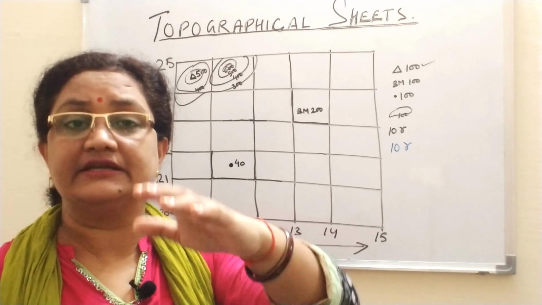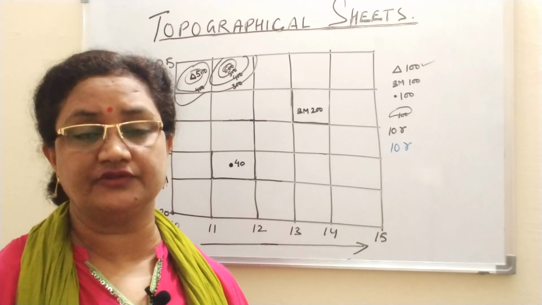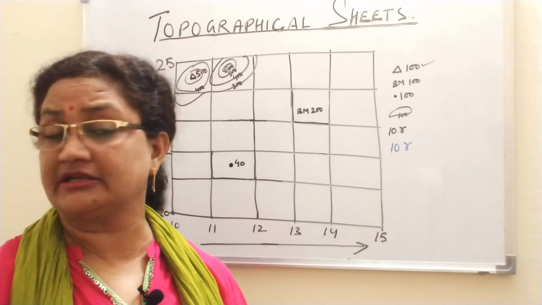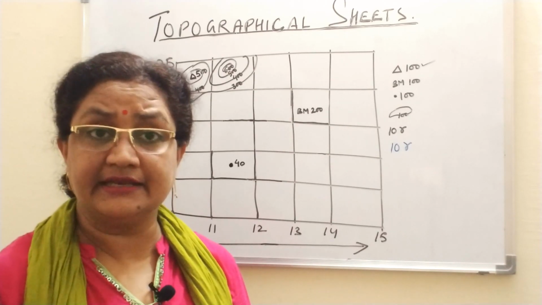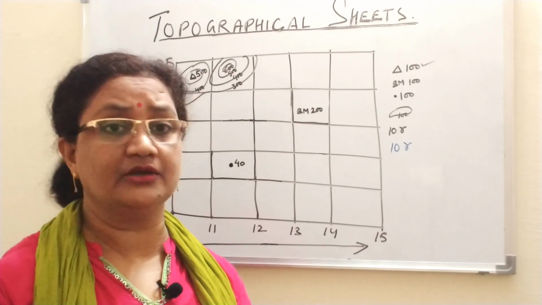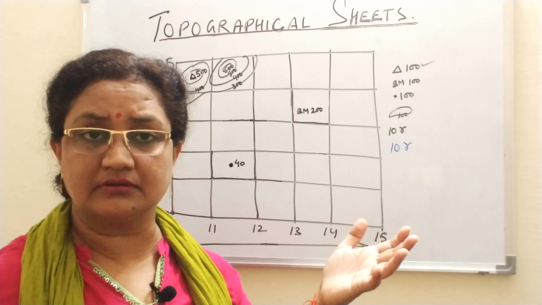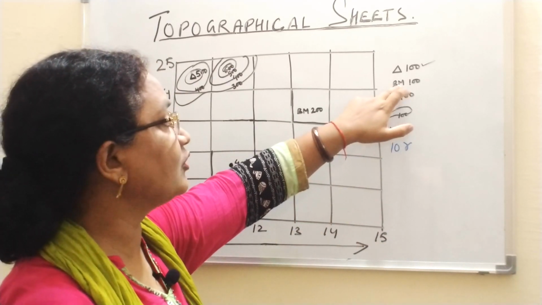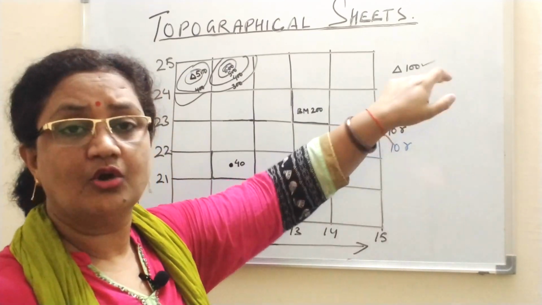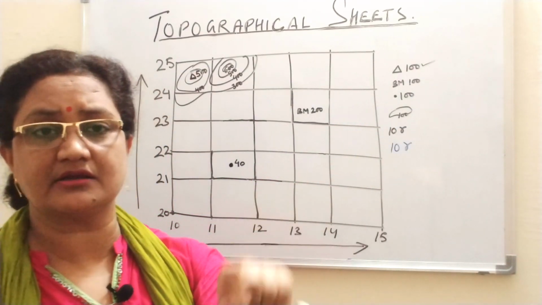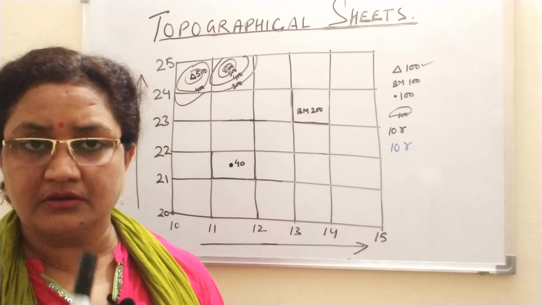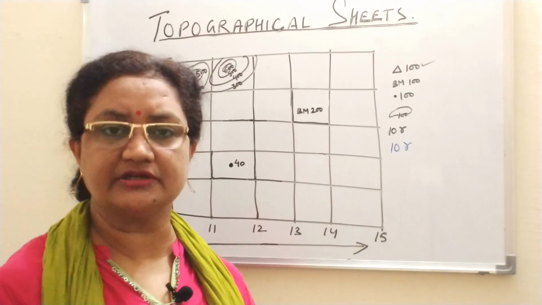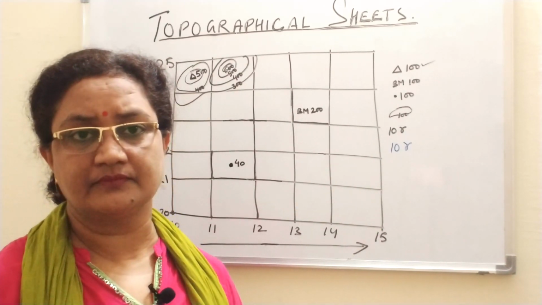Why? Because it is engraved over any of the features. It can be any building, any rock, any very old tree. So this is called BM100, or also a benchmark with the height of 100 meters above the mean sea level.